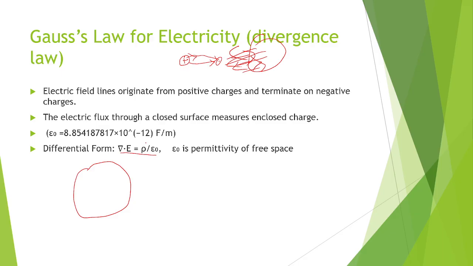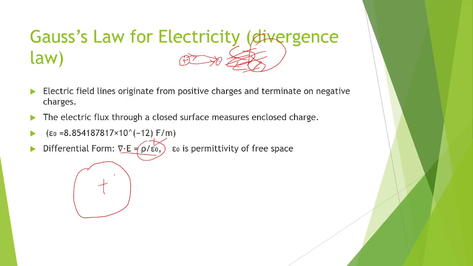If it is something, then this must be it, the charge density over epsilon naught. The epsilon naught is the permittivity of free space. Its value is given over here. So if charge is inside, that charge will affect this much.